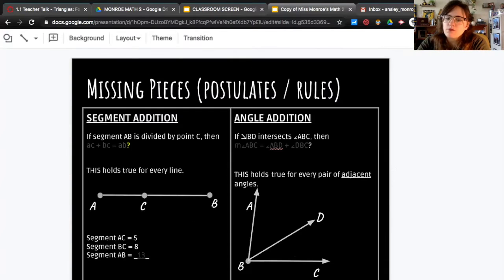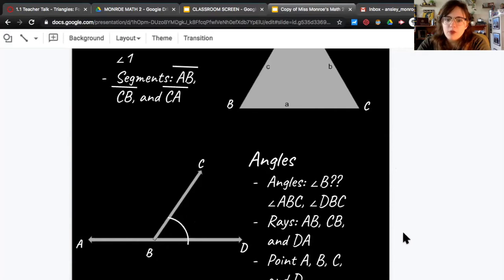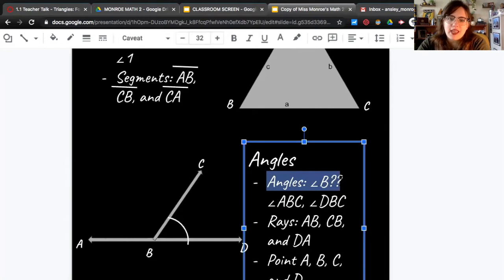With angles, it can be a little bit different. It can be a little tricky. So right here we do have our different angles, and instead of just saying angle B on this, because it could be 2 different angles, because this one is noted, this one would technically be considered angle B. But this is also angle B. We move on to labeling them with a sequence of letters.